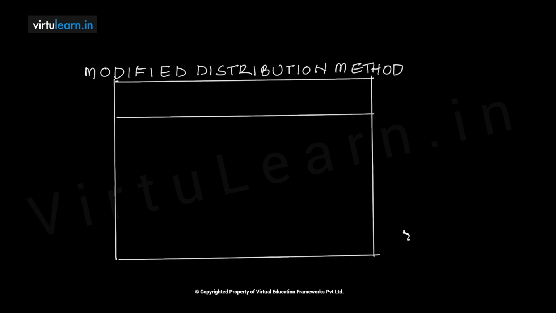We'll take the same problem which was solved through Vogel's approximation method, take the same allocation and check for optimality.